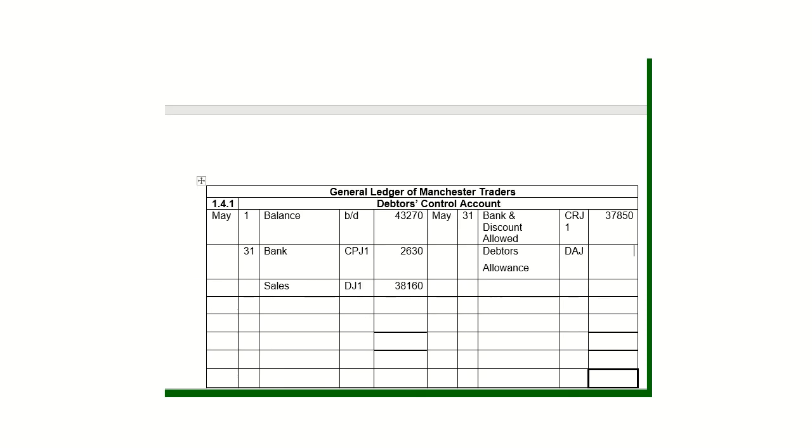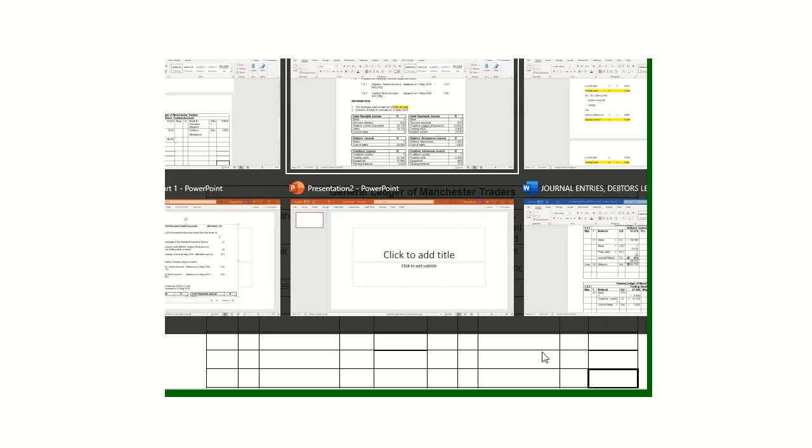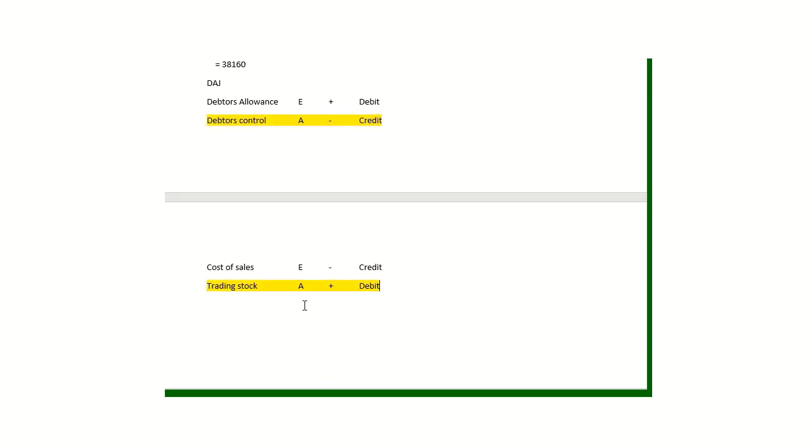There's the second. 1920. Good. The second part is between cost of sales and trading stock, so the opposite account will be cost of sales. I'm going to debit trading stock.